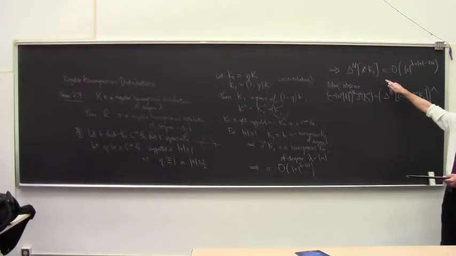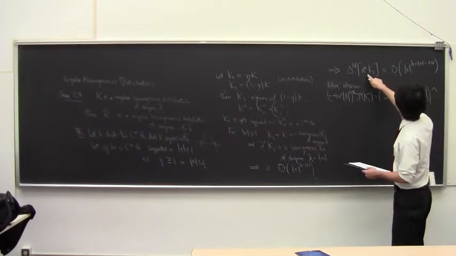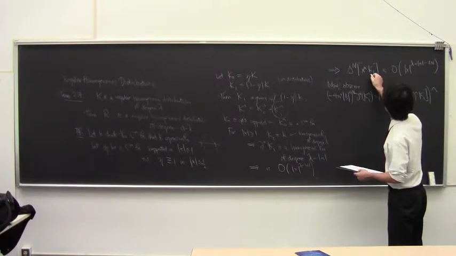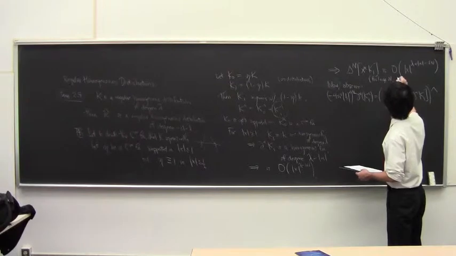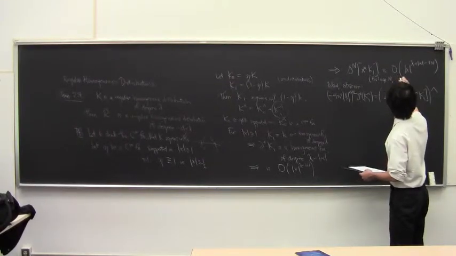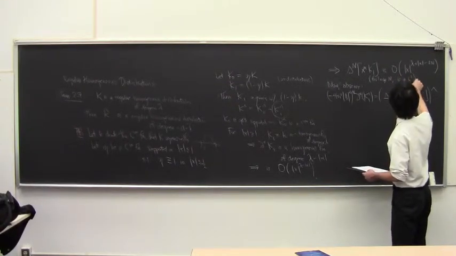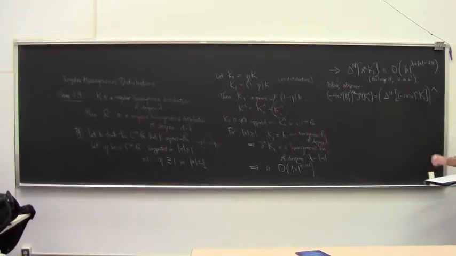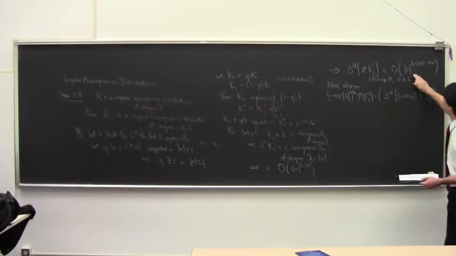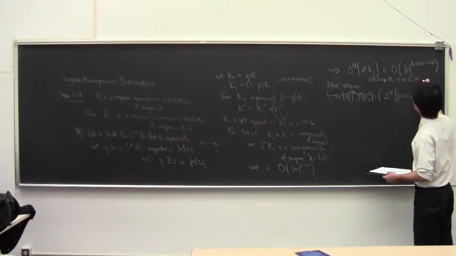The point is that for large n, this thing is in L1. For large enough n, this thing will decay sufficiently fast, and then you'll be in L1. And being in L1 implies that your Fourier transform is continuous.